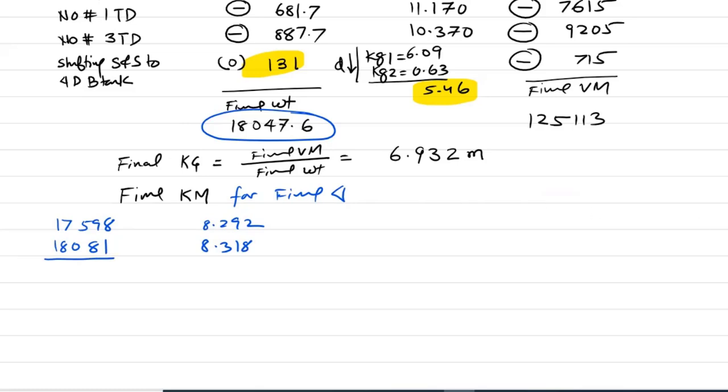17598 minus 18081 is 483. What is the difference in KM? 8.292 minus 8.318.